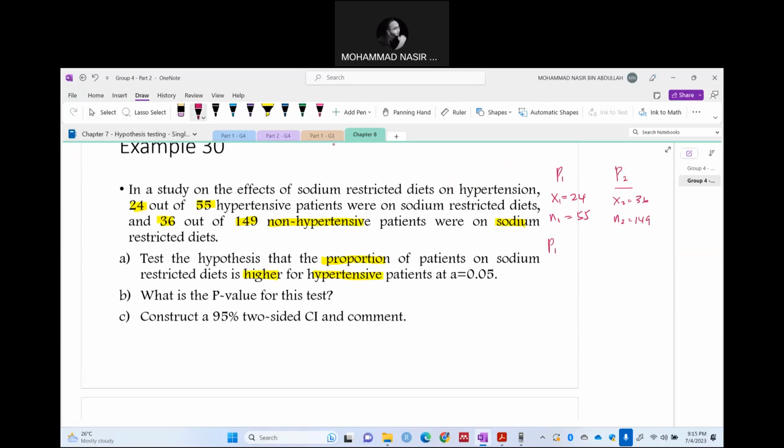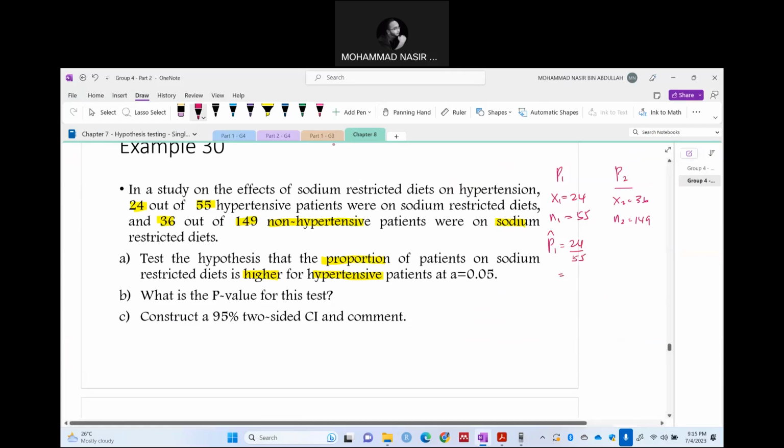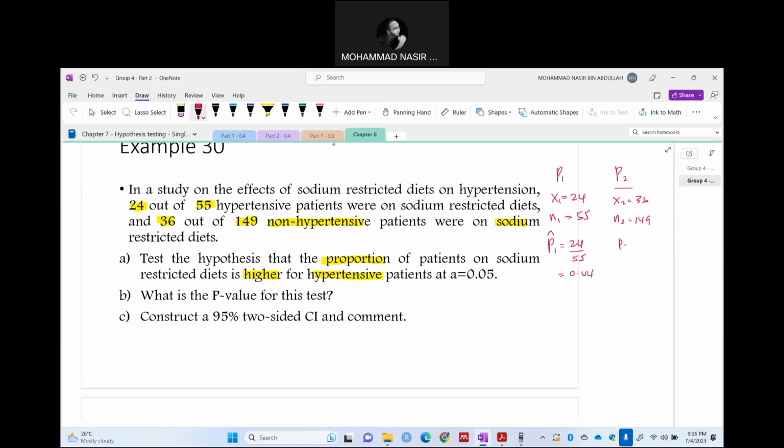So P1 hat is equal to 24 over 55, which is equal to how much? 24 divided by 55 equals 0.436, which is 0.44. P2 hat is equal to 36 over 149, which is 0.2416, so 0.24.